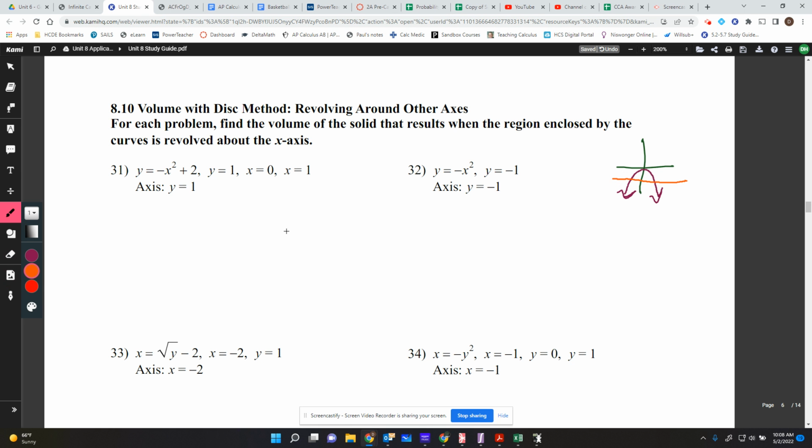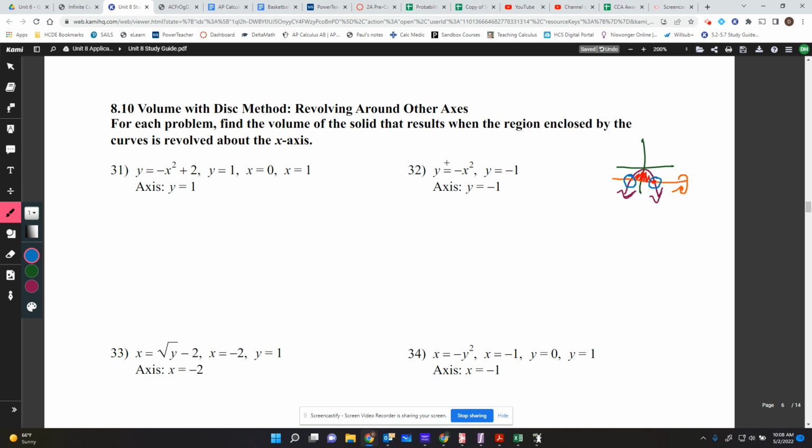And it wants us to revolve it around this line. So that's going to be that space. So we need to figure out what these intersections are, and those will be the bounds.